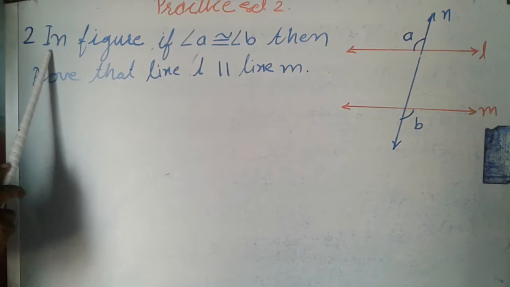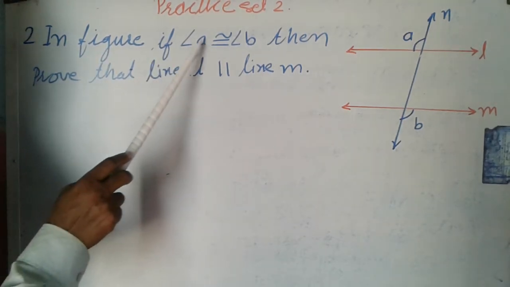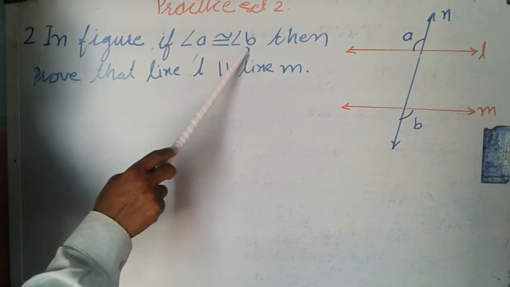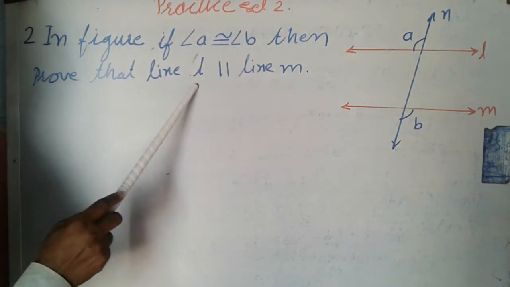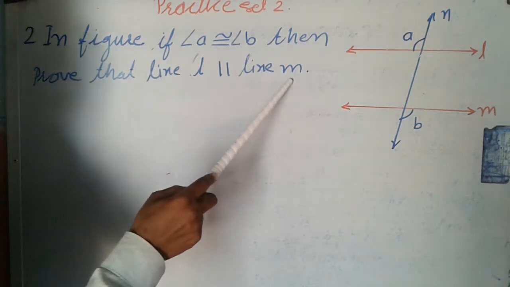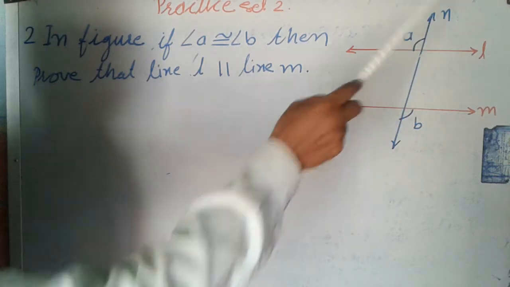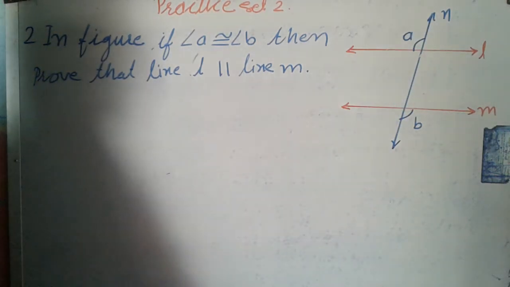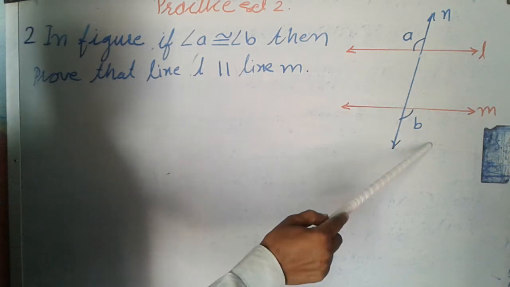Question number 2. In the figure, if angle A is congruent to angle B, then prove that line L is parallel to line M. This is line L, line M, and this is transversal N. Angle A congruent to angle B is given.